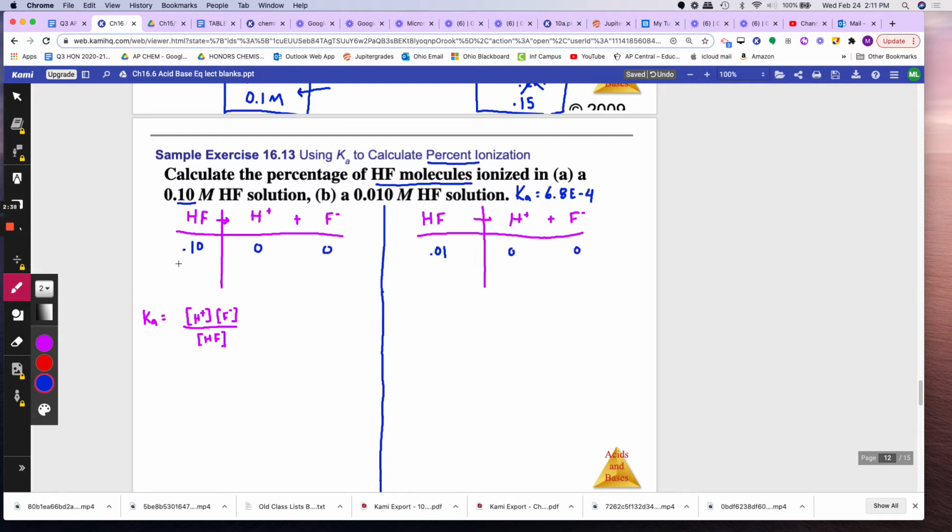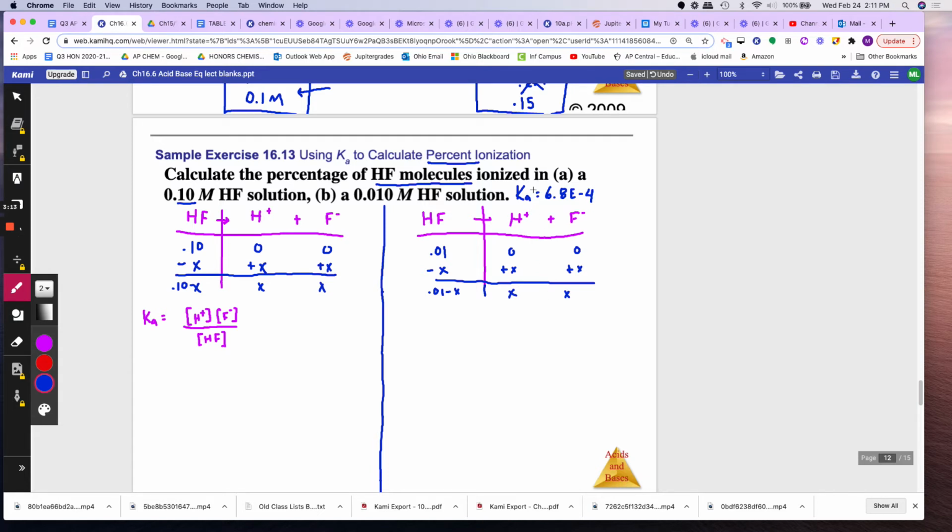This will dissociate, minus X, plus X, plus X. This will also dissociate, minus X, plus X, plus X. The difference between these two beakers is that in the beginning this one has 0.1 and this one has less molarity, only 0.01. So this is X and X, this is 0.10 minus X, this is 0.01 minus X, this is X and X.